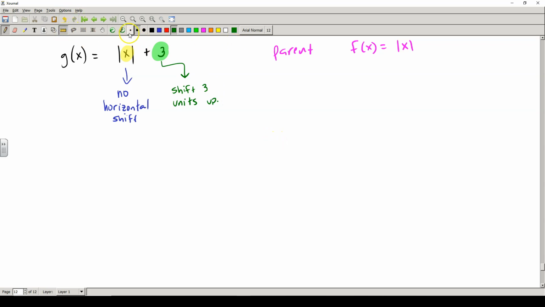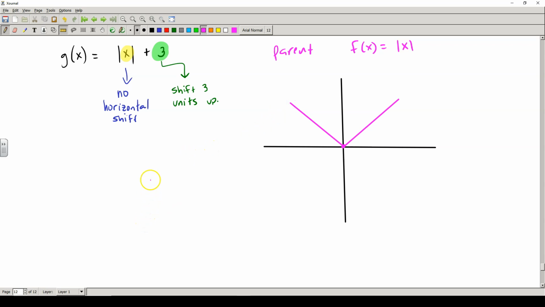So if I wanted to graph this one, I'm going to graph the parent function, and again, you don't have to make a table of values, you don't have to make it incredibly precise, because we're kind of just sketching these translations at this point. The parent function would just be, remember it has a vertex, it's at 0, 0, and then it goes off to the right, and it goes off to the left.